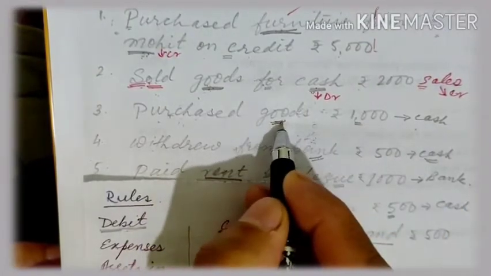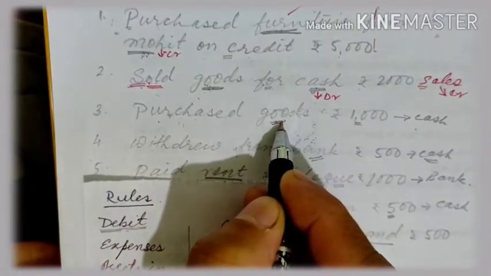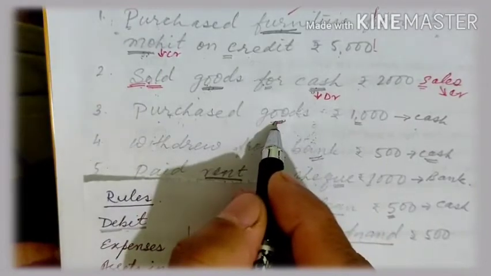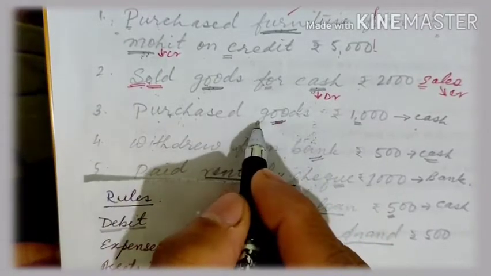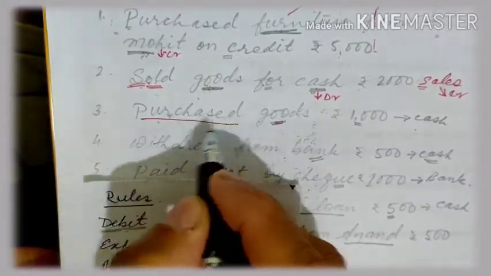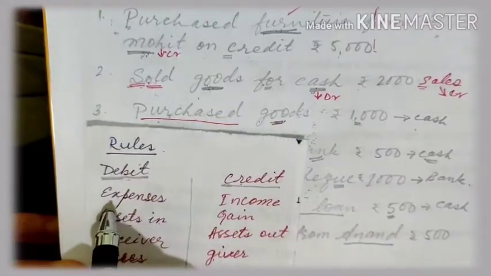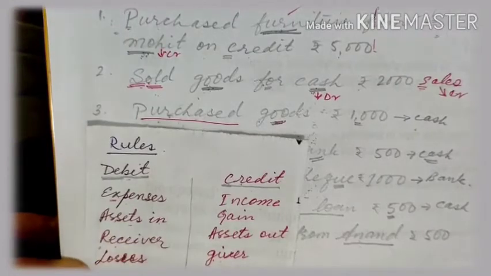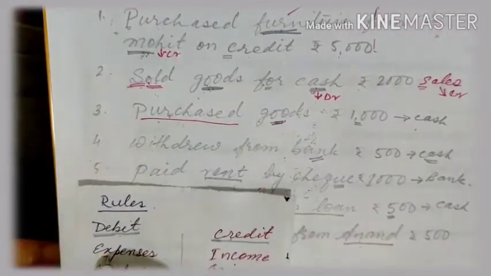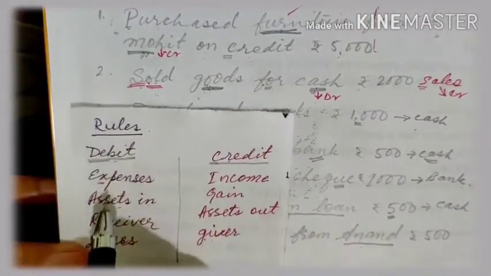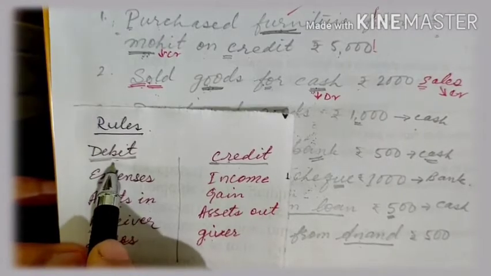Number 3, purchase goods rupees 1000 cash. Again there is the word goods. We'll not use this term in the journal. We'll use the word used with goods. What is the term used with goods? Purchased. So we'll use the term purchases. And purchases is an expense because the money is paid. Expenses need to be debit.